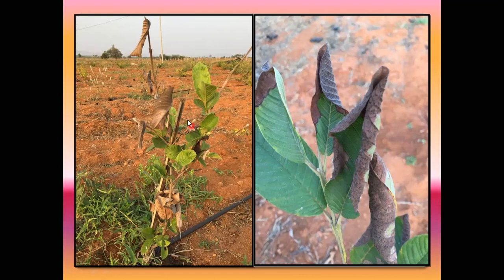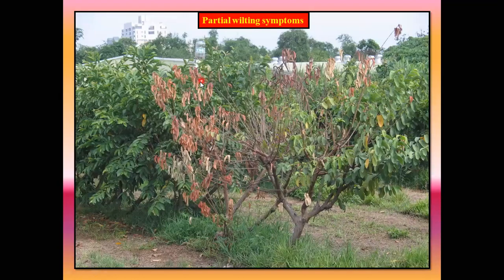mature plants. Initially, drying of the leaf is generally seen on developing seedlings as well as mature guava plants. Okay, so this will be just a partial wilting type of symptom seen on only a few wings and branches of the guava plant.